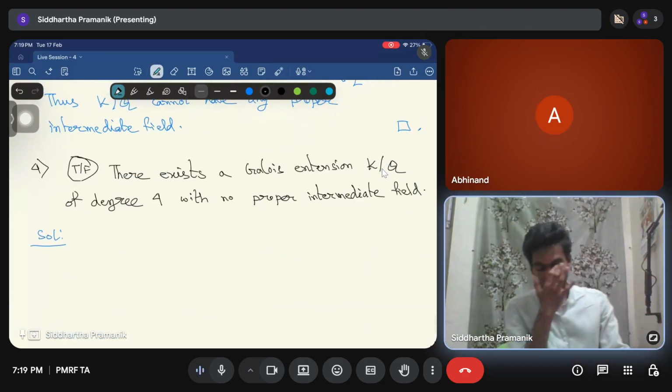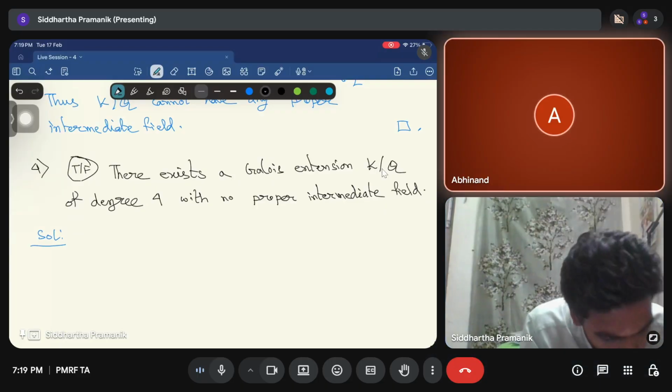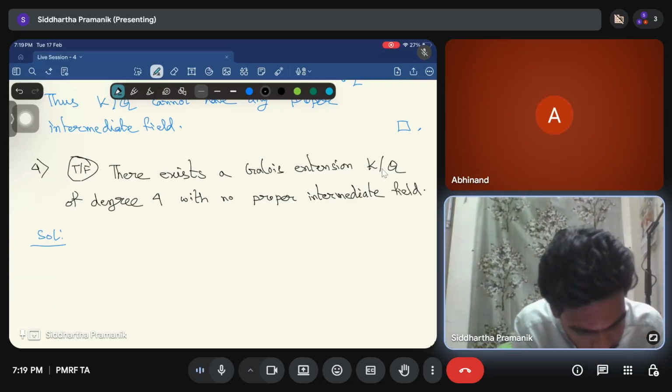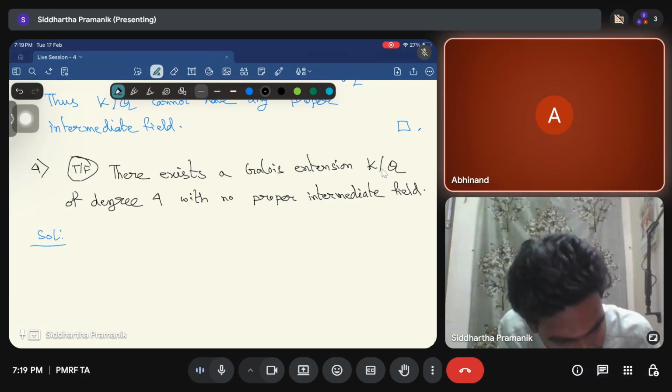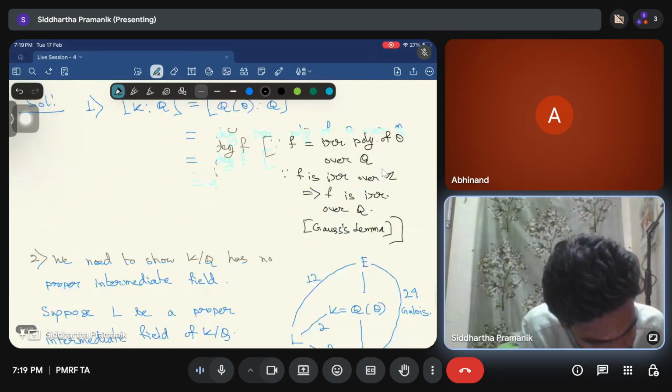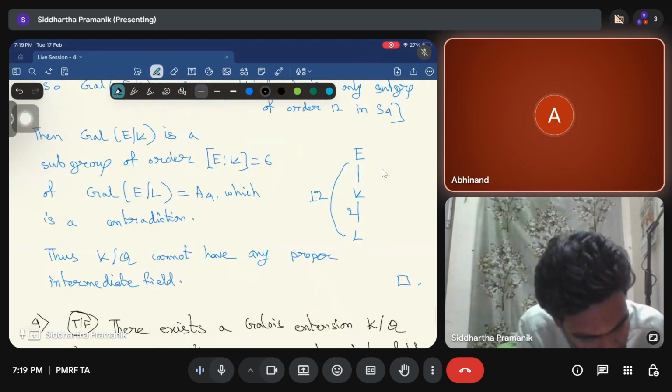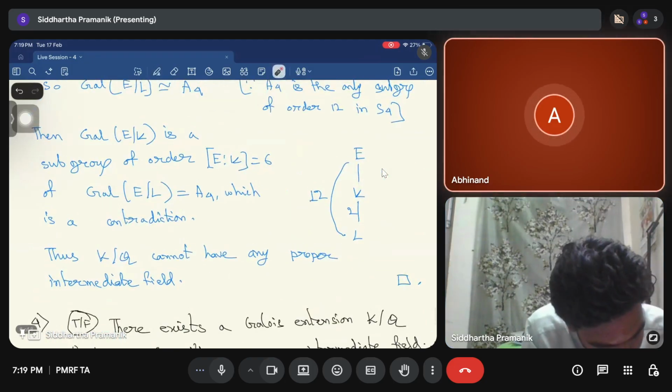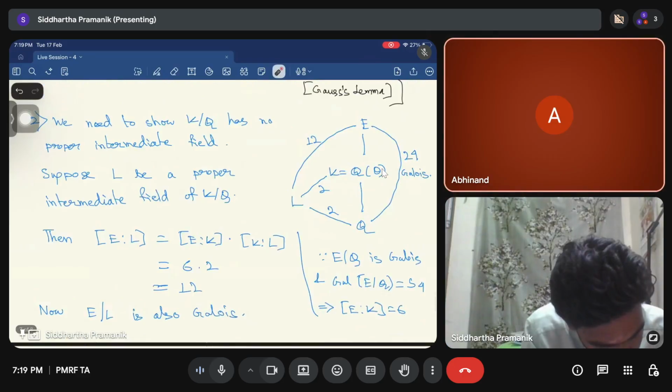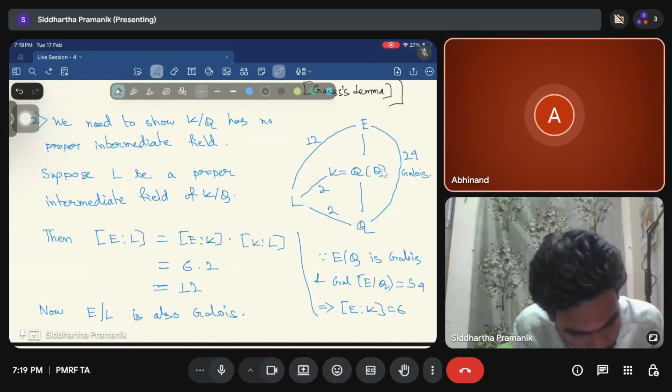So in case of a Galois extension, this actually cannot be true because of the fundamental theorem. So that's why the previous example was not Galois. So in this, K over Q is not Galois.